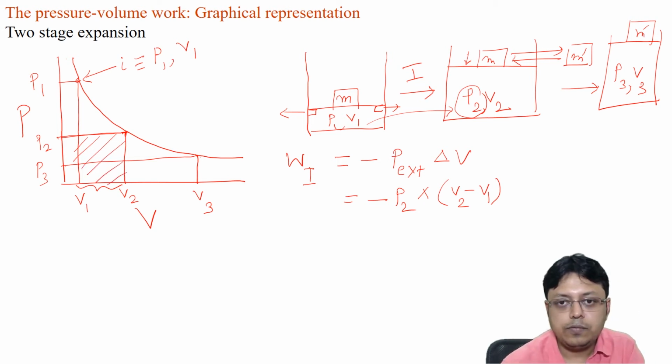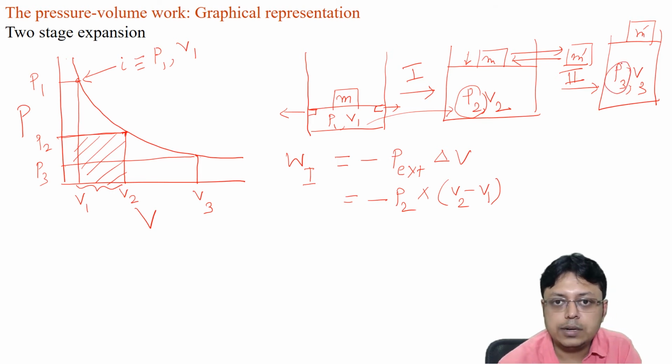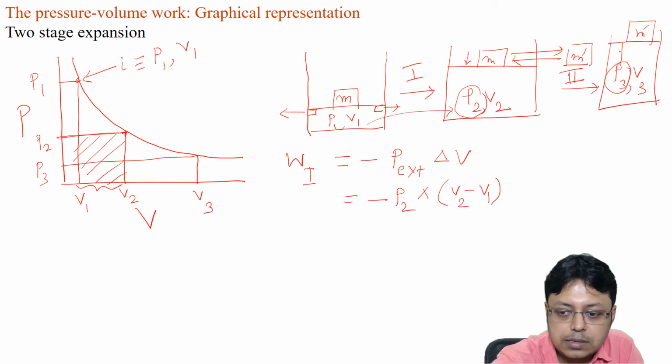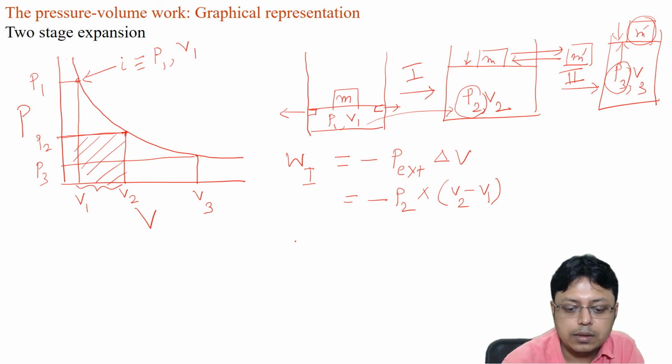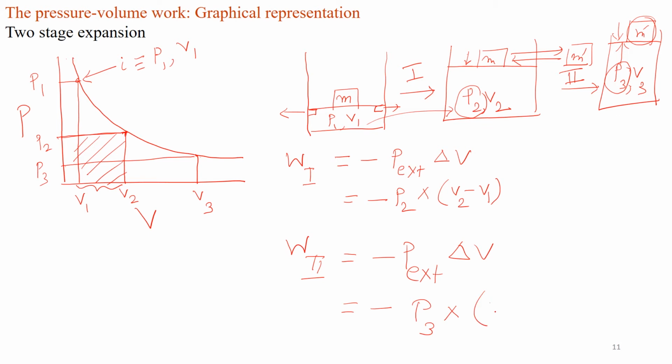Similarly, in the second step, step number 2, the gas further expanded until the pressure is P3, which balanced the opposing pressure created by the mass m prime. The work done in step 2 uses the same formula, P external into delta V. In this case, P external is P3 times the change in volume, V3 minus V2.